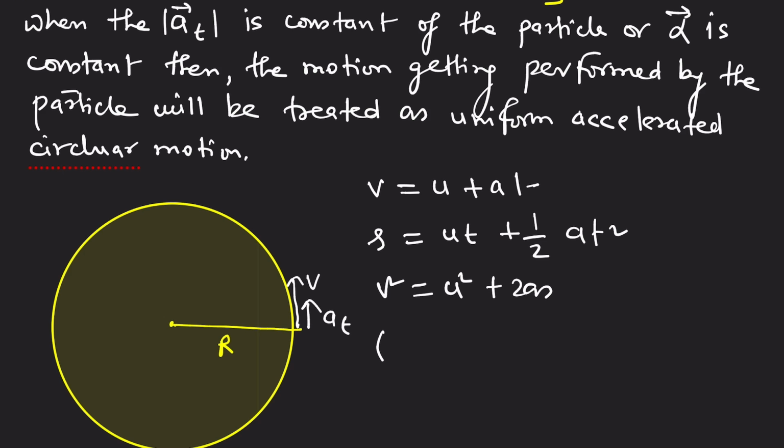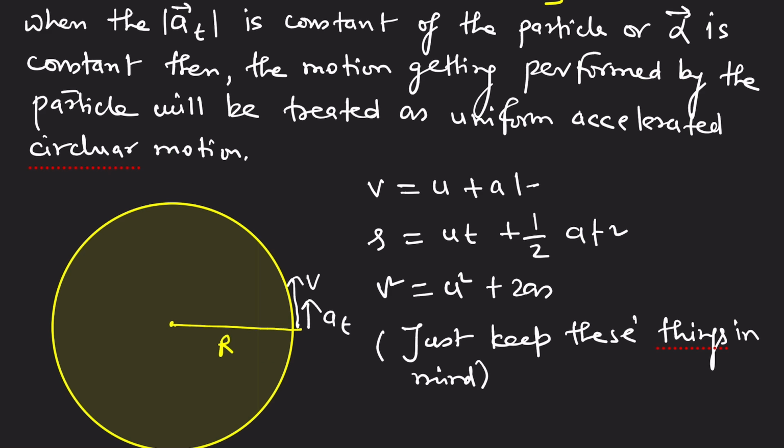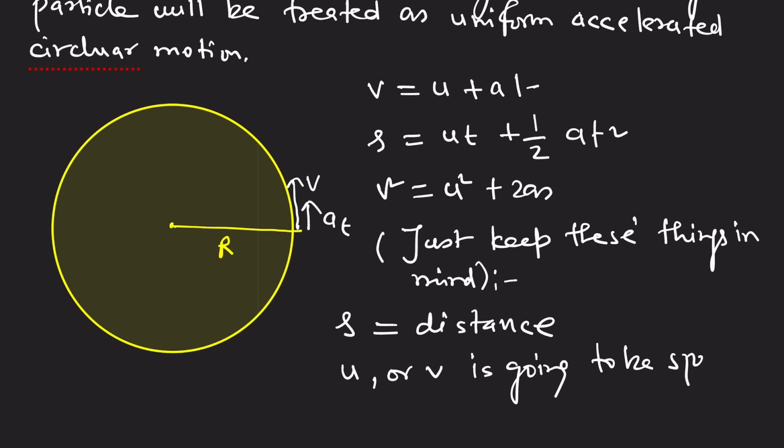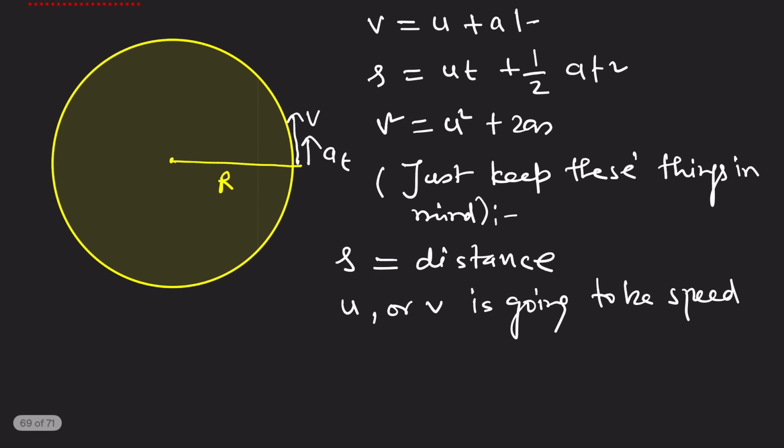Just keep these things in mind: s will not be displacement, it is going to be distance; u or v is going to be speed; and a is not a total, it is only a tangential.